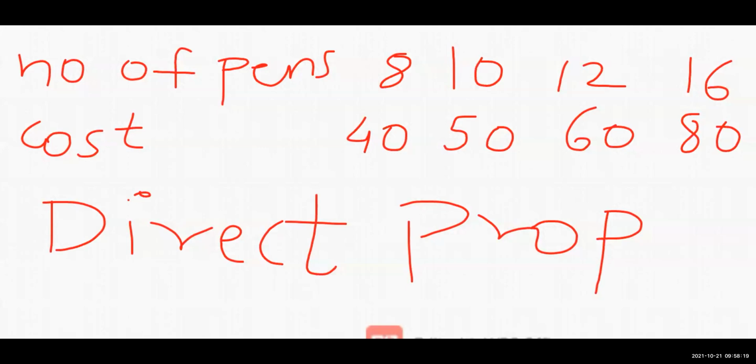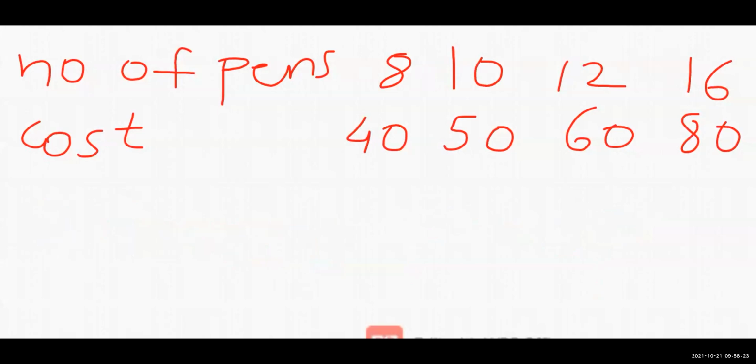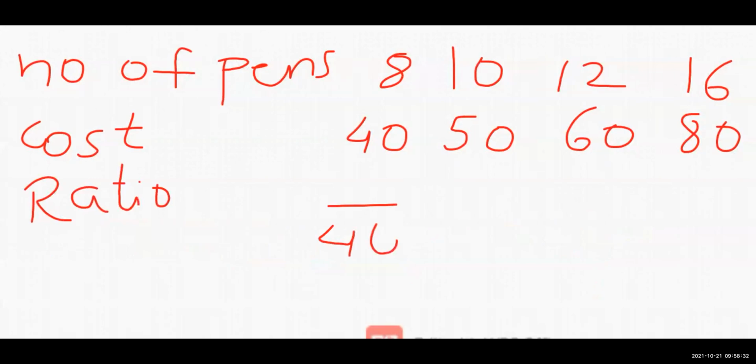Now how are we going to find the ratio of this direct proportion? Let's see here. Ratio means out of 40, 8 pens were there. Out of 50, 10 pens were there.